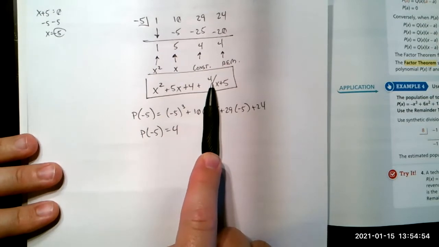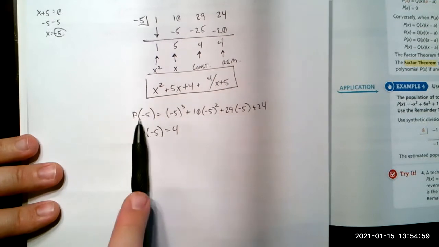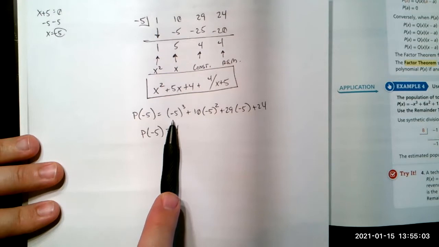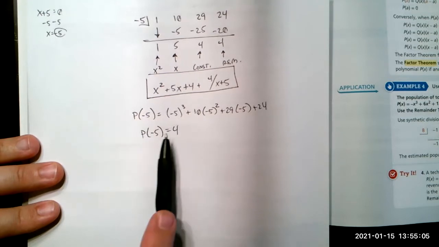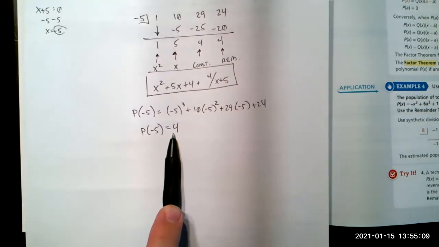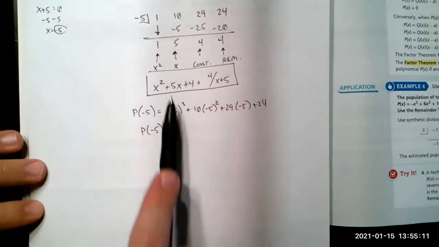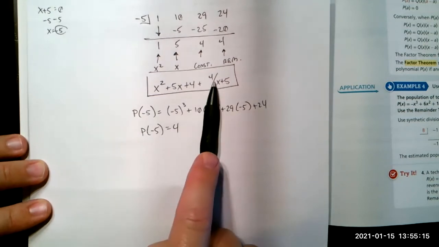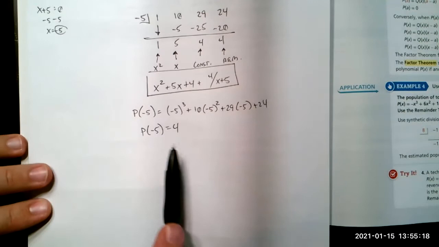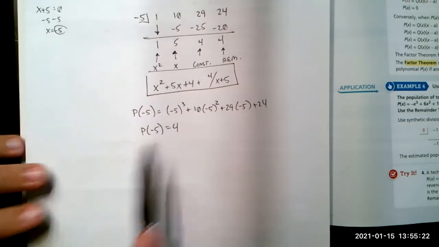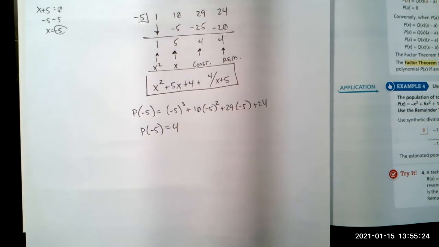Or if I'm just looking for the remainder and that's all the information I need, I can evaluate that cubic using that same number and it'll just give me the remainder. This method using synthetic division gives you different information. It gives you the remainder, but it gives you the quotient as well. But just using evaluations of functions, you can just get the remainder. I think that's the relationship they're looking for with example 3.